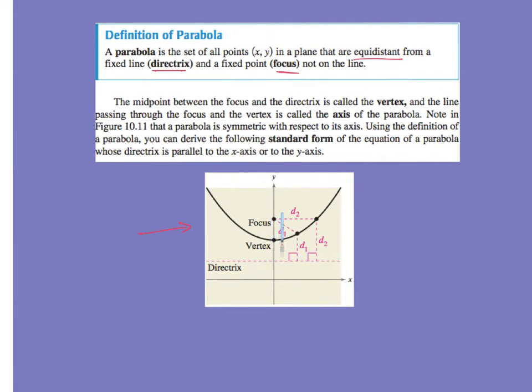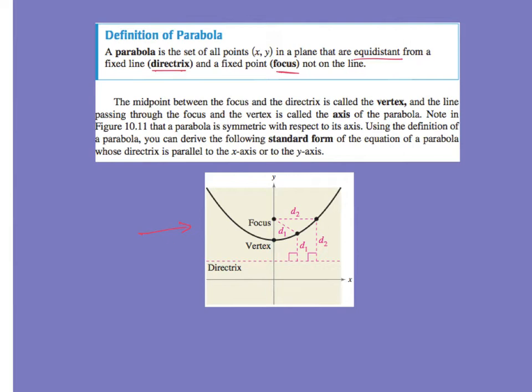Let's say the string goes out 2 units from the focus to the parabola. Well, it'd be 2 units to the directrix. That's how the parabola is formed. And the distance from the vertex to the focus is the same as the distance from the directrix to the vertex. Those are equidistant of one another.